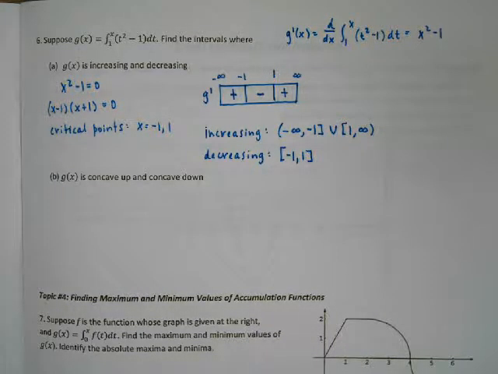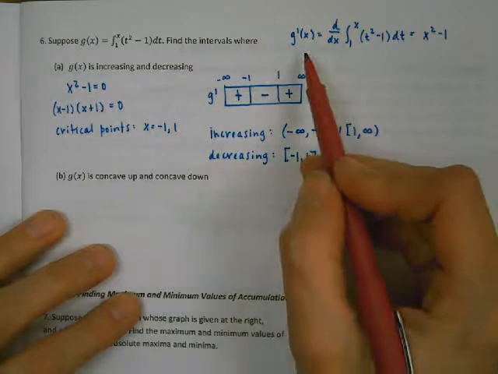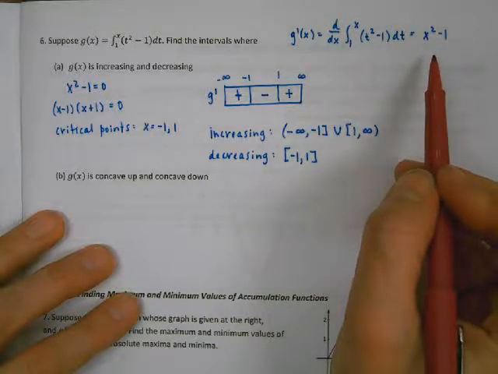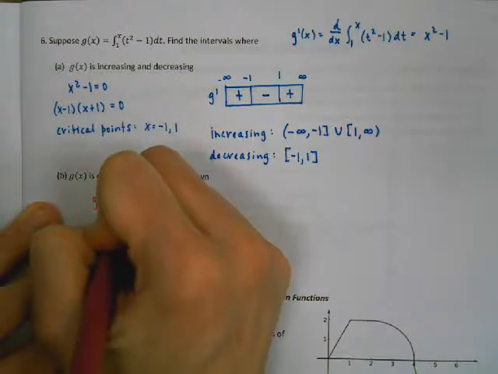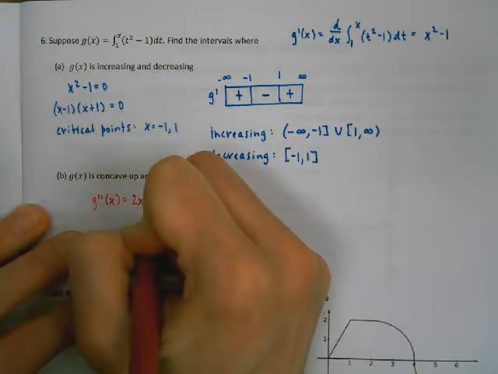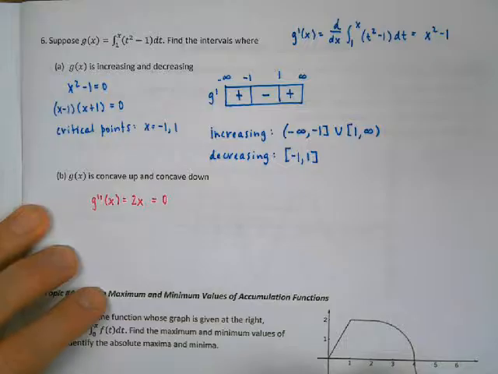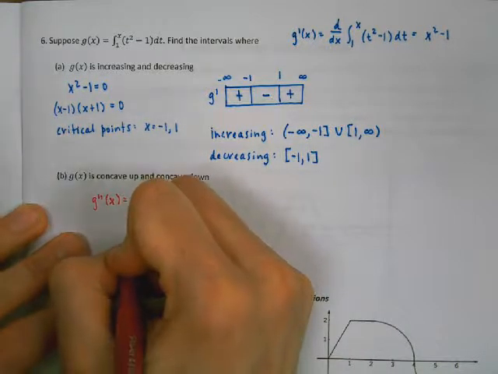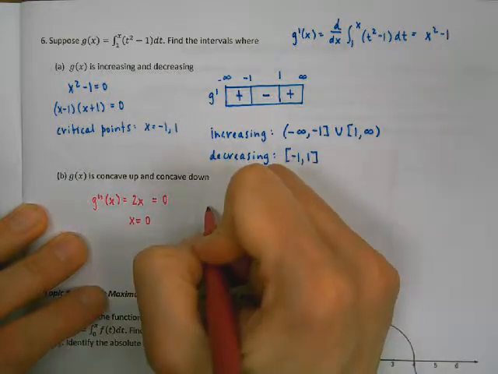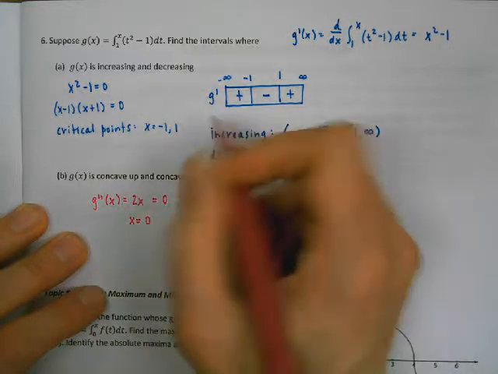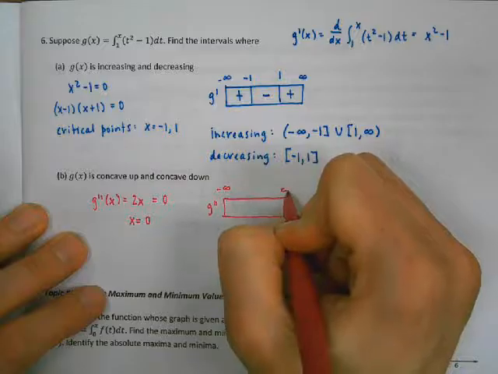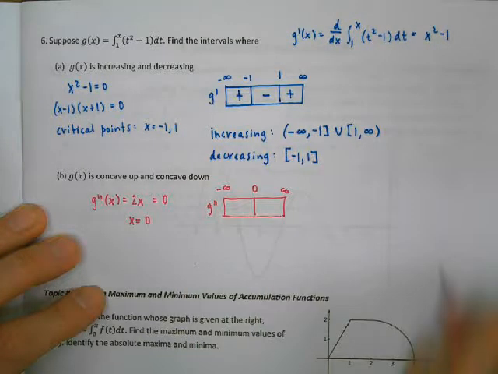Okay, now concavity, we're going to take our second derivative. Well, our first derivative was x squared minus 1, so I know my second derivative is equal to 2x, and I'm going to find where that's equal to 0. So obviously that's at x equals 0. Now I've got my table for g double prime. Negative infinity, and in the middle is 0.